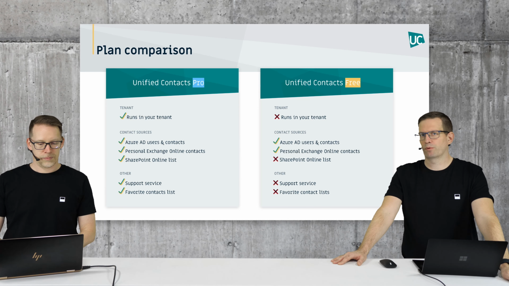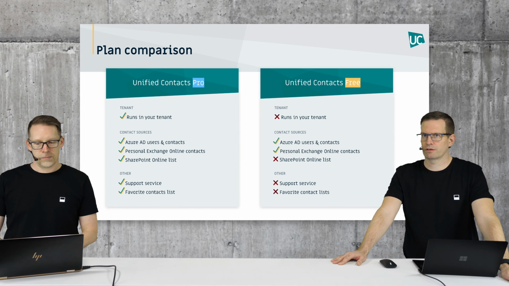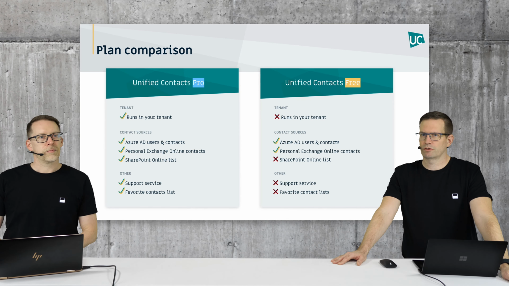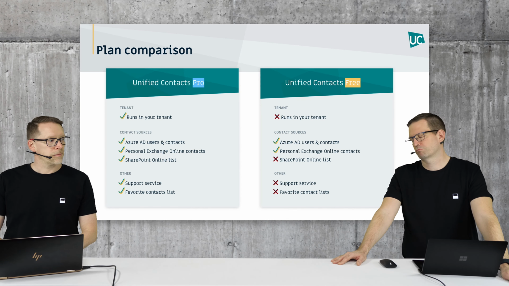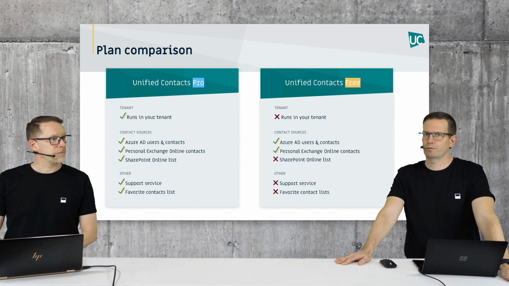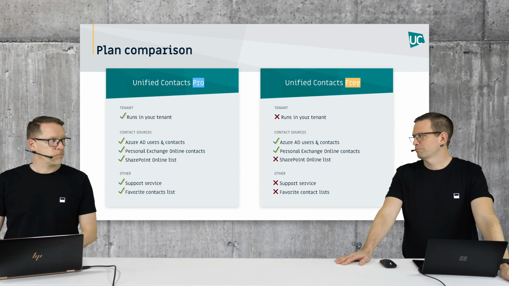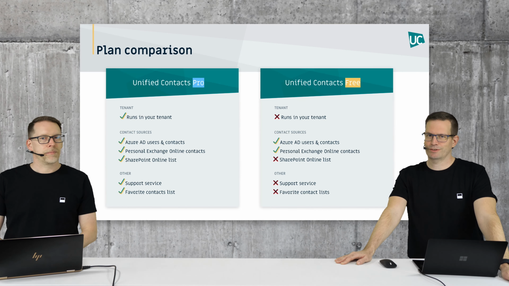It's more basic support. And we have a freely available knowledge base on our website where you can find articles about known issues and how to solve them, with short videos. So take a look if you like. Also, the option for favorite contact lists is missing in the free edition. But still, a lot of improvements in comparison to Microsoft Teams.